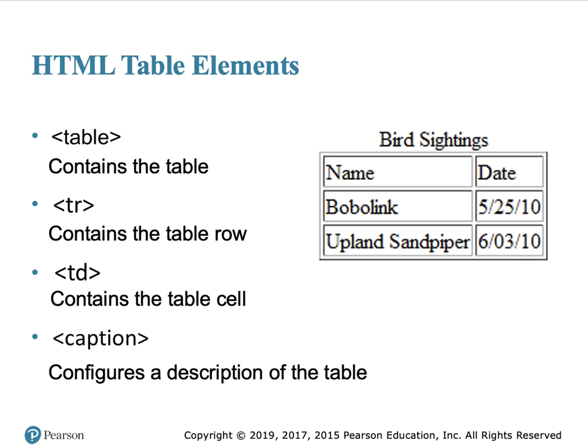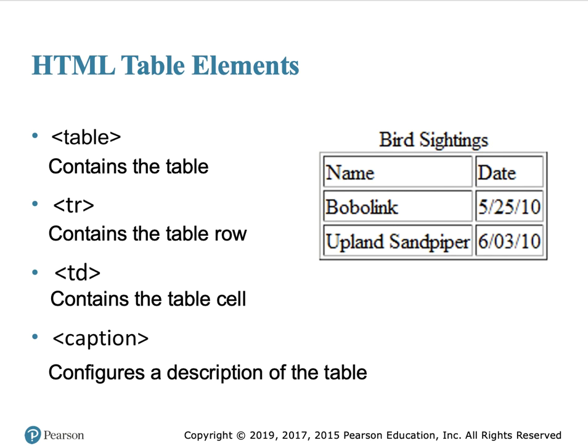Inside the table tag are table row tags coded as open TR, close TR. You would have an open and closing table row tag for each row in the table. In this example, there would be 3 open and closed TR tags. Within each table row are table data cells. The TD tags actually make up the columns of the row. In the example above, there would be 2 open and closed table data tags for each row.